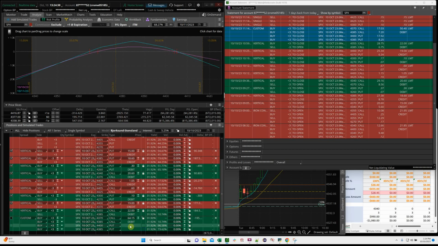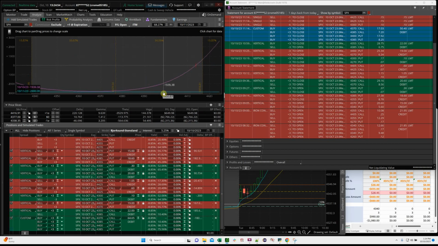Well, one of the ways I do that is I try to figure out what price I would have sold all these puts for. And I do that by trying to bring this line right here at 0, this line, the blue line, back up to here. And so what I'm going to do is I'll set that to, and I don't know what number it was, I'll just try this and see what happens.